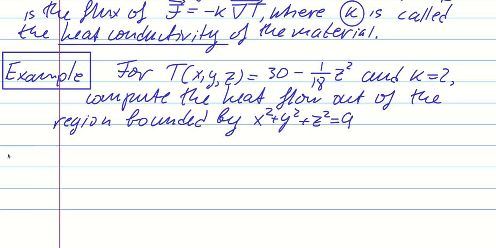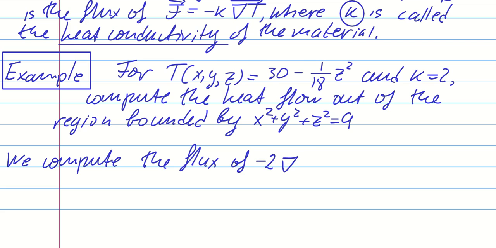Alright, so how do we start? To start, we're going to calculate the flux of negative 2 times the gradient of the function T, which is 30 minus 1 over 18 z squared. But as you can see, there is no x component, there is no y component.